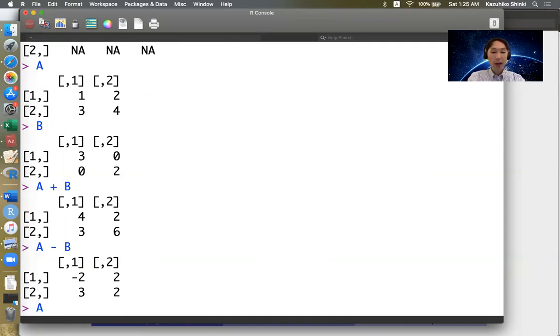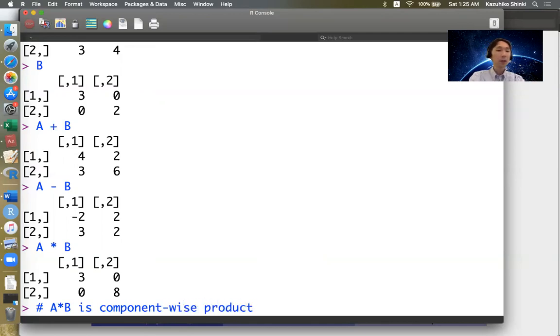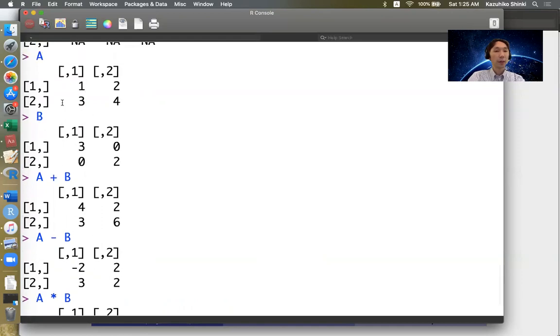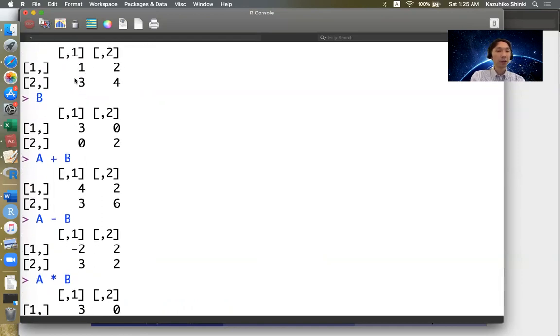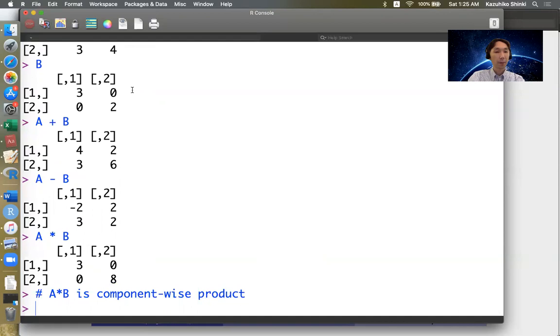How about A times B? If you type A times B in R, the result is this. This is actually the component-wise product. Remember that A is 1, 2, 3, 4, and B is 3, 0, 0, 2.